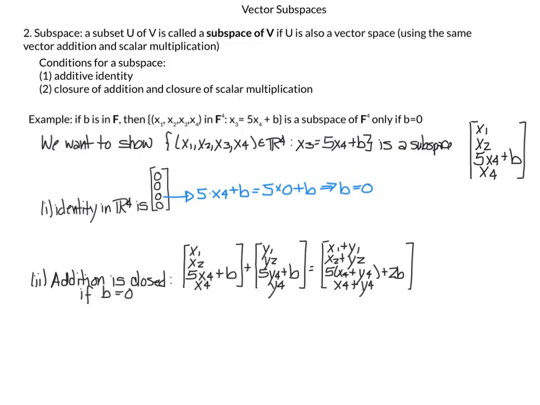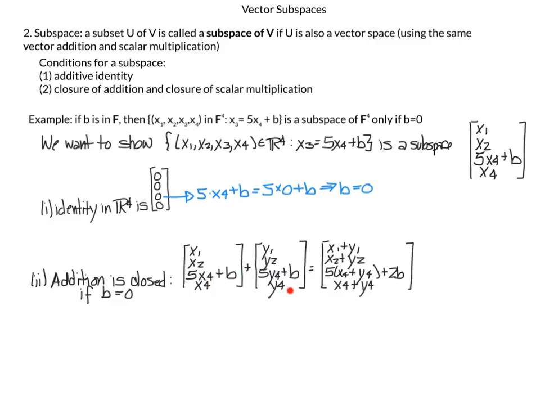The next property we want to show is that addition is closed. So here I have my first vector, x vector, in this form. So we have x1, x2, 5x4 plus b, and x4. And then I have a y vector also in this subset. So y1, y2, 5y4 plus b, y4.